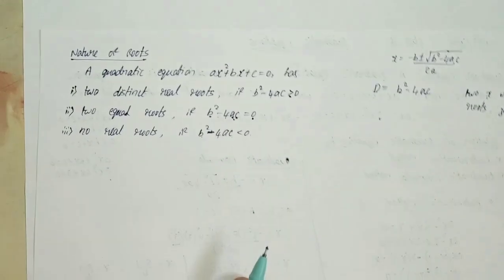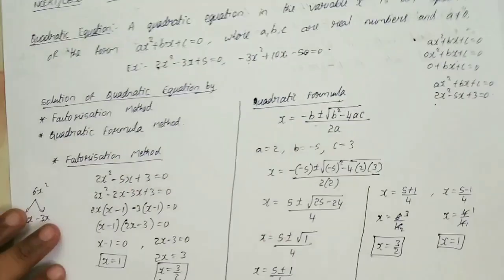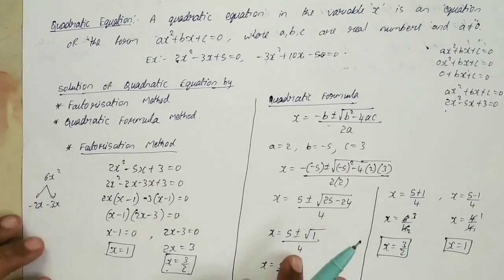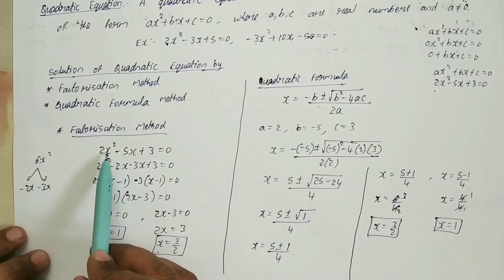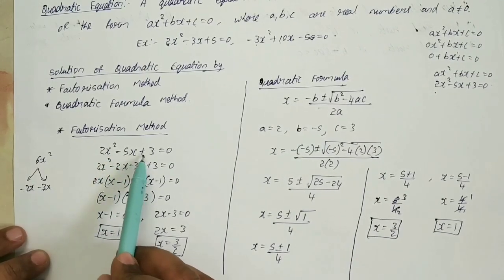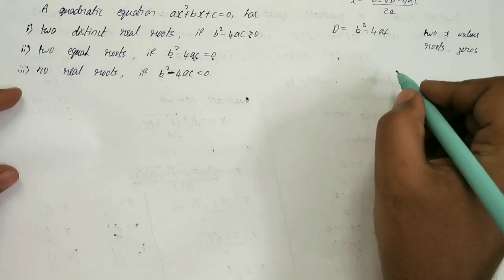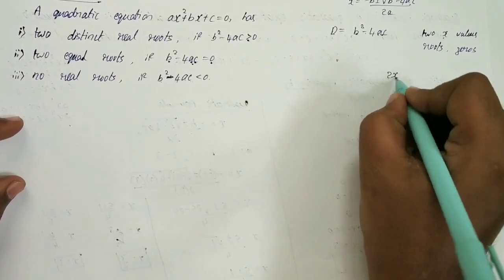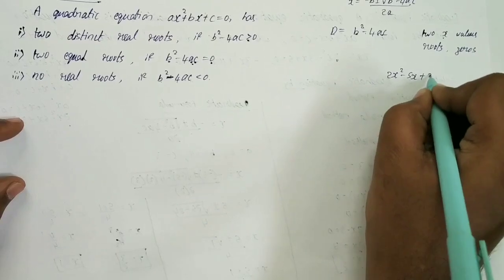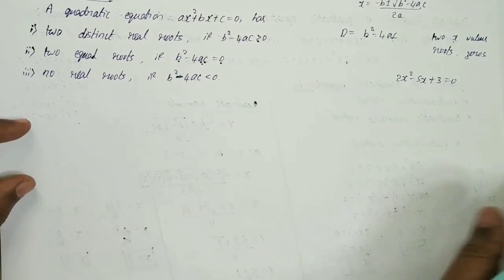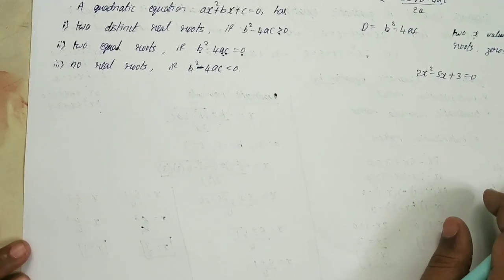Getting? So here, see what we took. What is the quadratic equation we took here? 2x square minus 5x plus 3 is equal to 0. This is the quadratic equation we took, right?